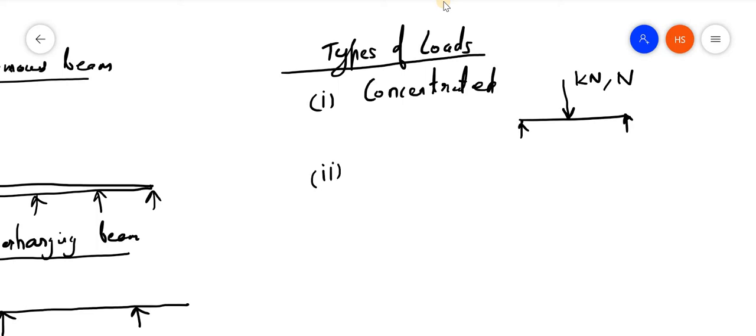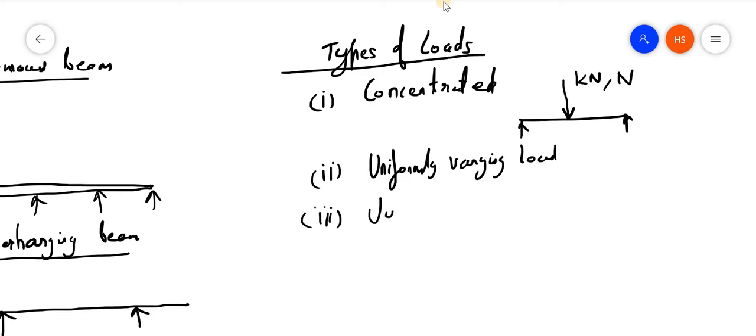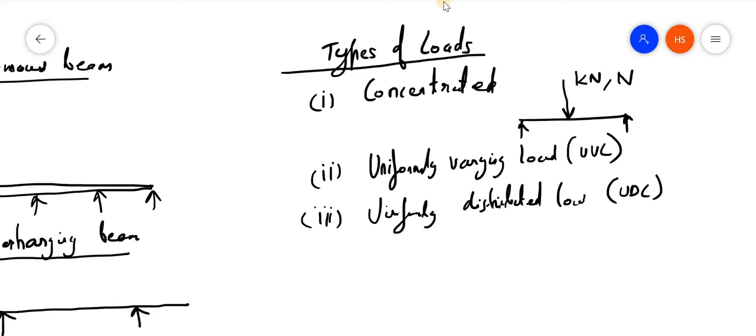The next types of load are the uniformly varying load and the uniformly distributed load, UVL and UDL. First I will explain the uniformly distributed load.